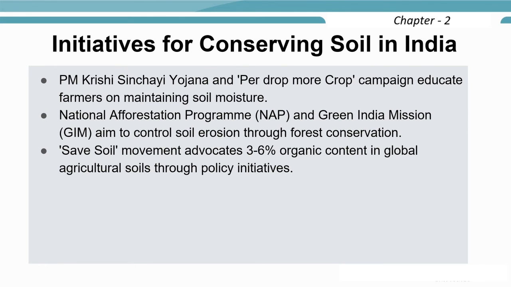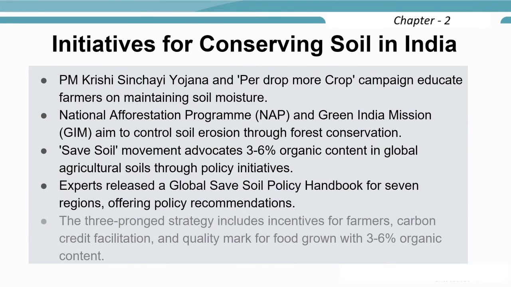The 3-pronged strategy includes incentives for the farmers, carbon credit facilitation, and a quality mark for the food grown with 3 to 6% of organic content. So they are promoting an increase in organic content, and for that they are offering various incentives.